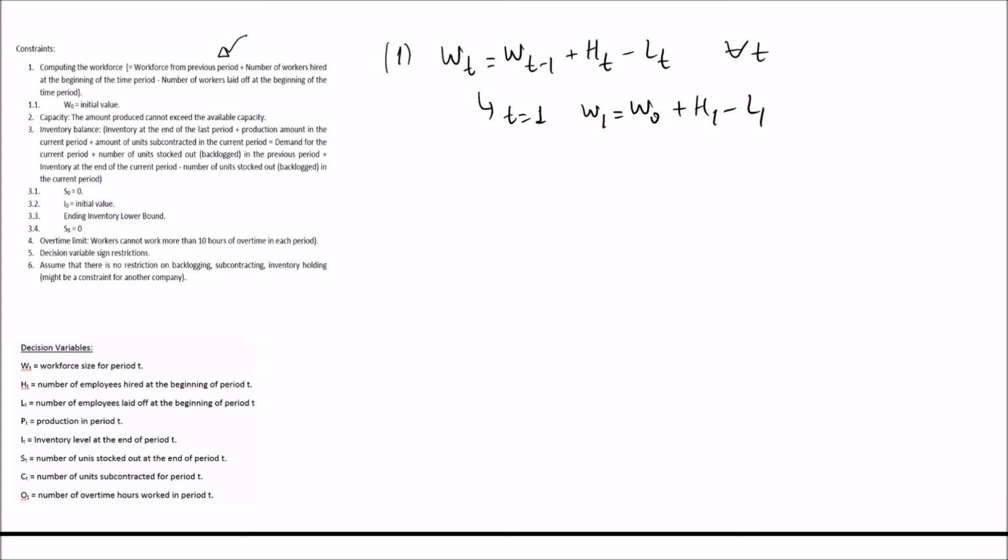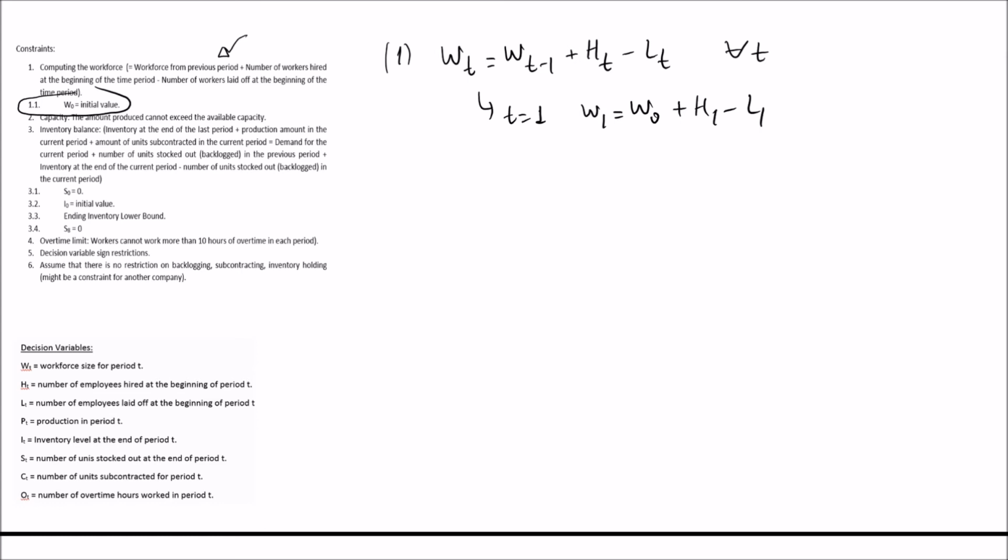And this makes sense because we want to compute how many available workers we have, and it is calculated by the number of workers from previous period, number of hired workers, number of laid off workers. So this is that, and also as I listed as 1.1 W0.